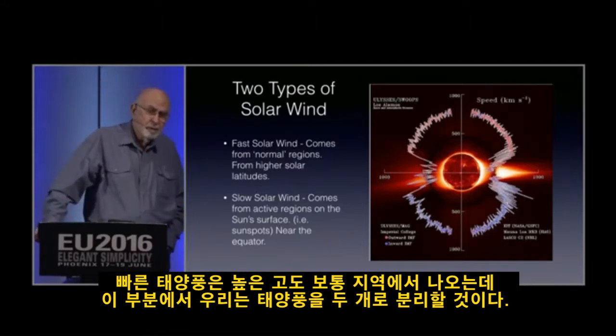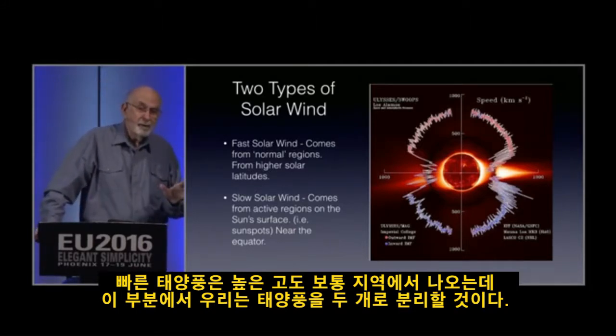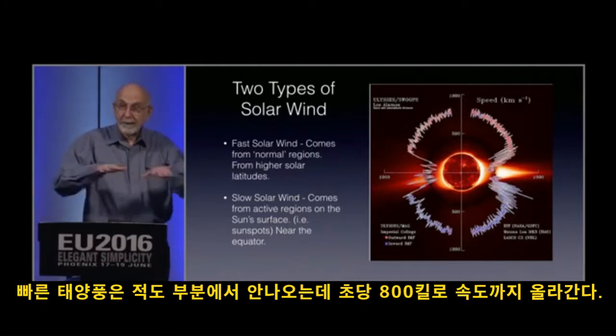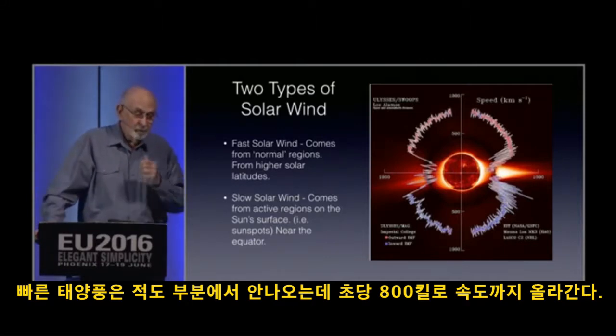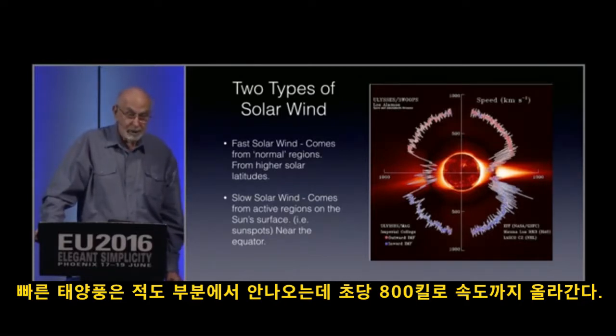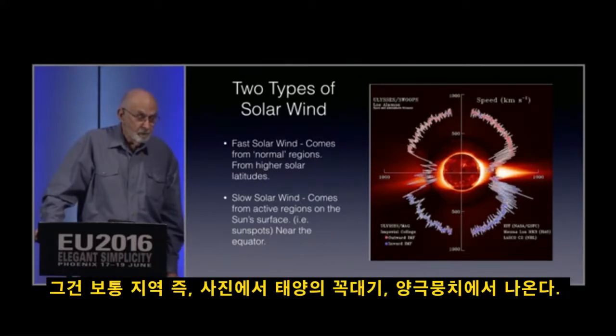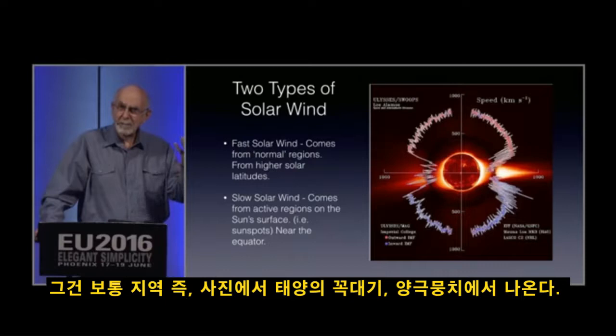Now this is where we begin to divide into two different kinds of solar winds. A fast wind is one that comes from not in the equatorial region, and it gets up to about 800 kilometers per second. It comes from normal regions, that is, it comes out of the tops of the photospheric tufts, out of the anode tufts.